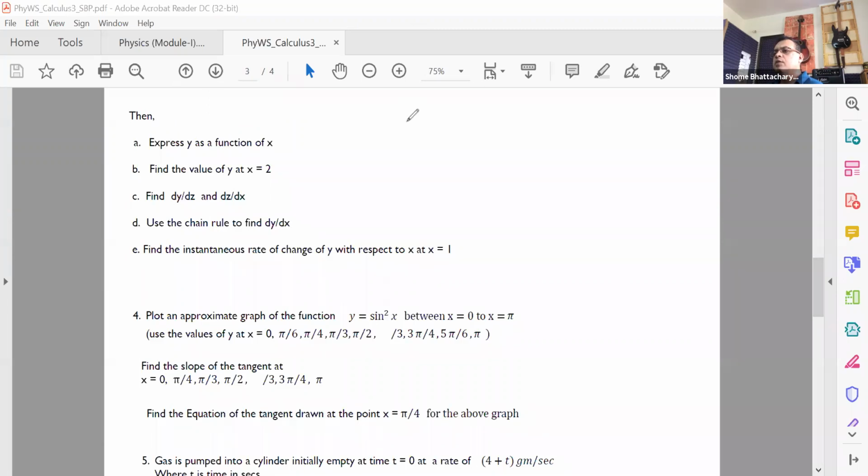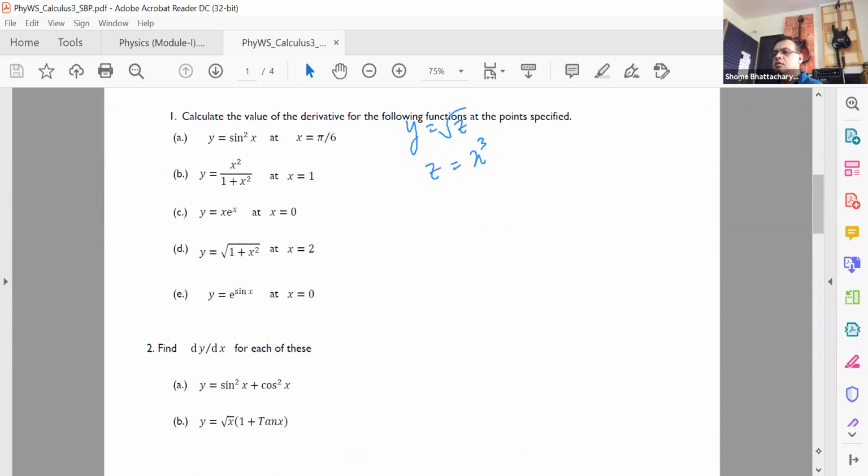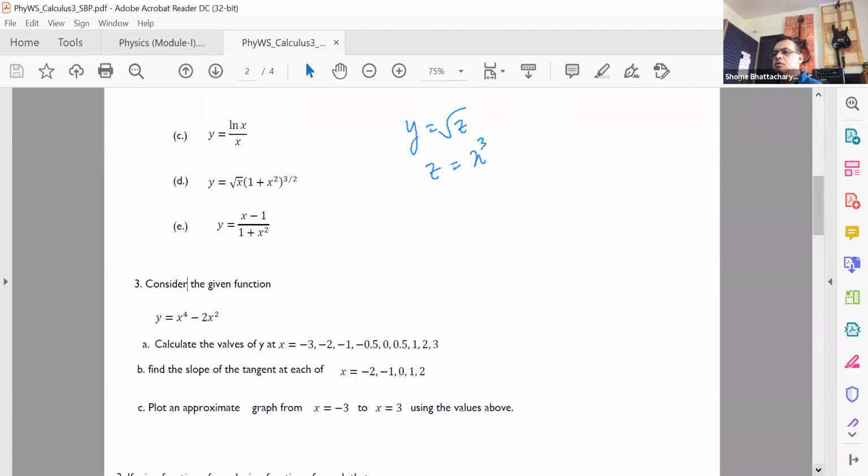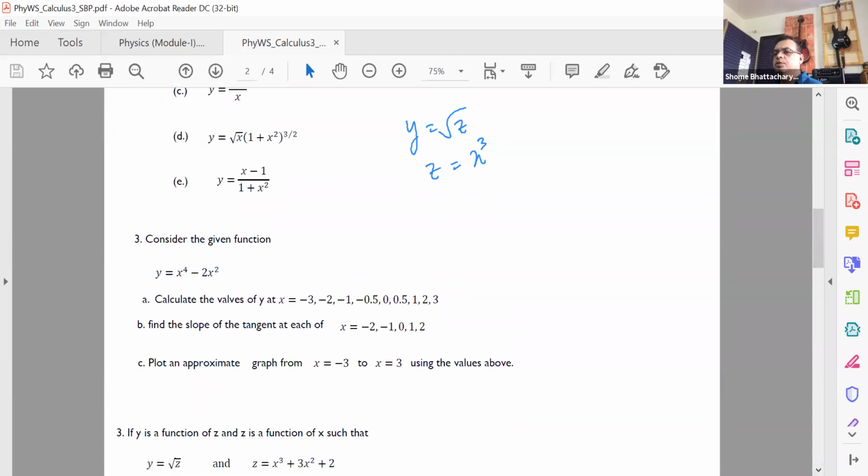It was given to us that y is equal to root z and z was equal to this type of function. I think it was x cube plus 3x square plus 2x plus 2.